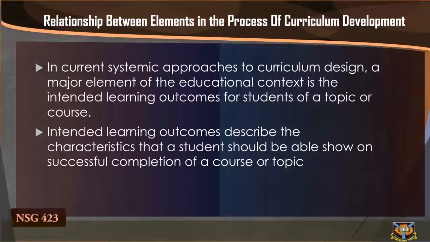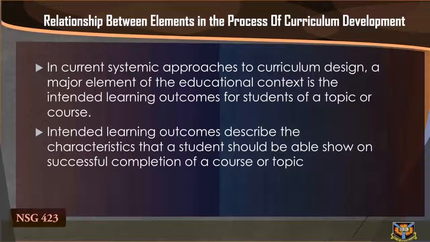Each element of the curriculum is given thorough study and attention during the process of curriculum development. These elements and relationships of course are all context-bound. In current systematic approaches to curriculum design, a major element of the educational context is the intended learning outcomes for students of a topic or course.